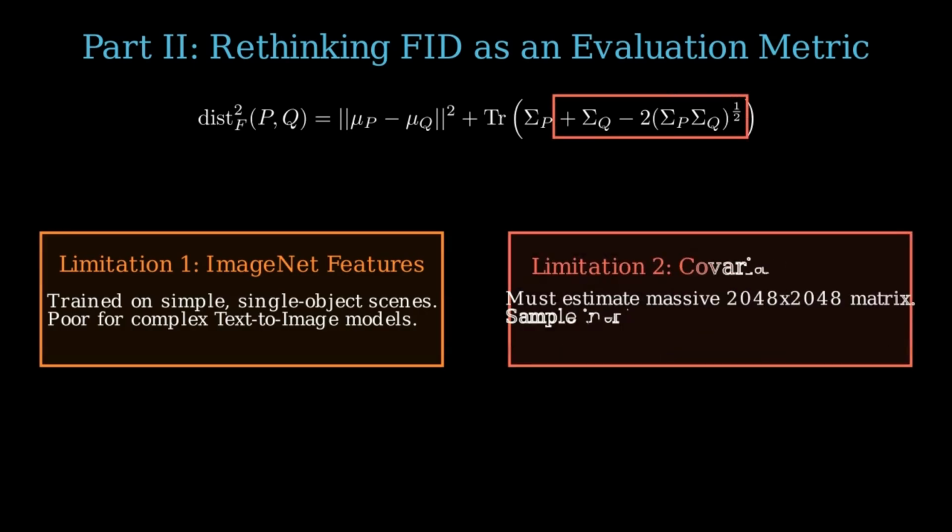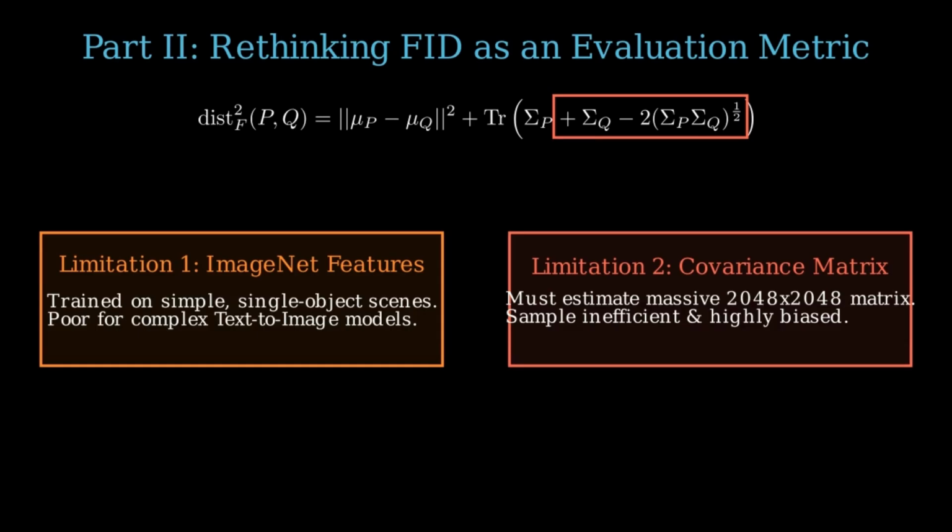The second major limitation lies in the covariance matrix estimation. The Inception feature space has 2,048 dimensions. To compute the FID score, you must estimate a massive 2048 by 2048 covariance matrix.